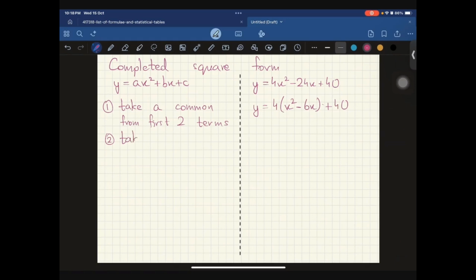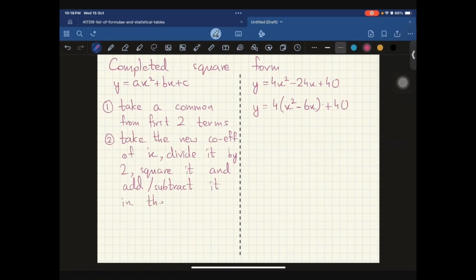Next, take the new coefficient of x, divide it by 2, square it, and add and subtract it in the bracket.